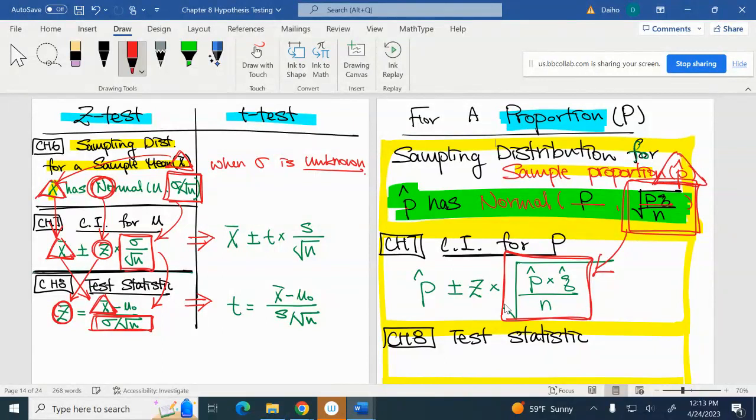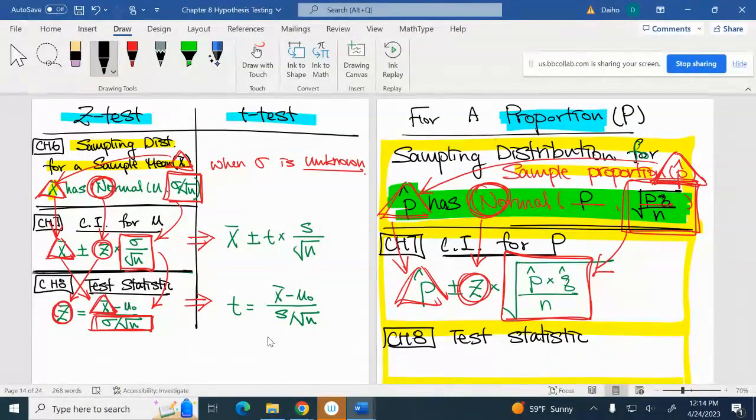And now here is the p hat, normal distribution, z for the standard normal distribution. Please compare this one, that one, and that one. How do you think? They are almost the same.